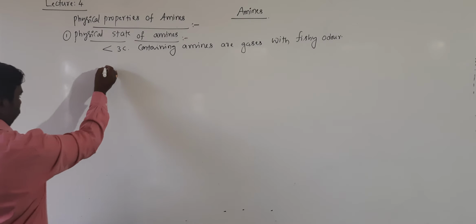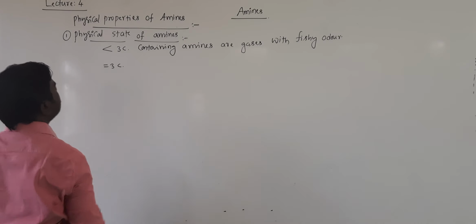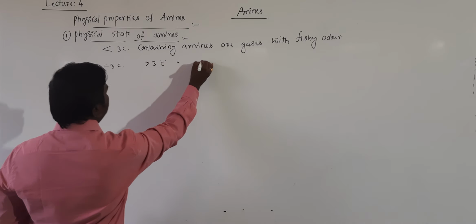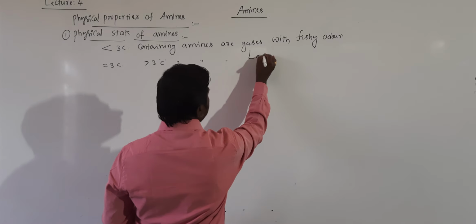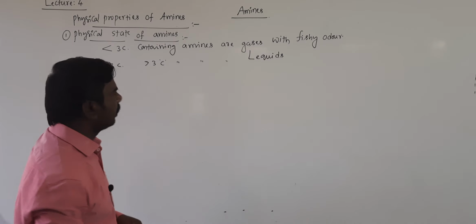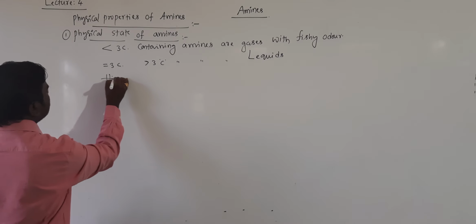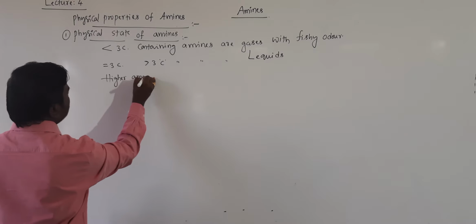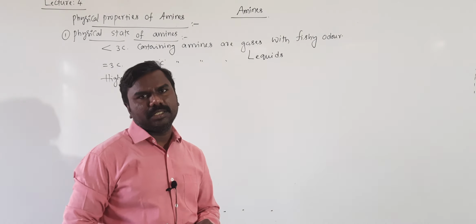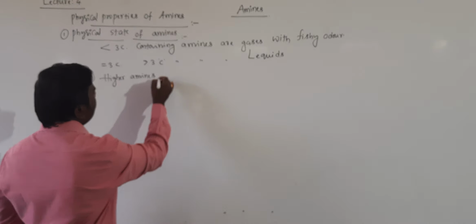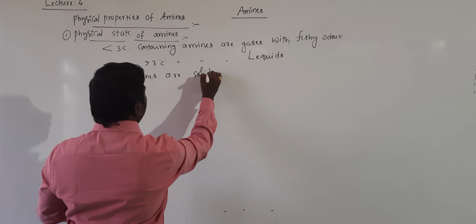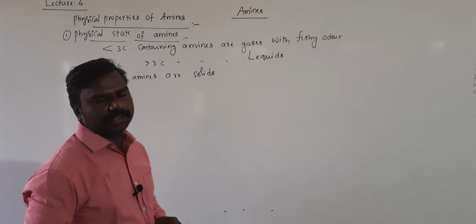Next, amines with 3 carbon atoms or greater than 3 carbon atoms are liquids at room temperature. Higher amines, it means 8 carbons, 9 carbons, 10 carbons like that, are solids.